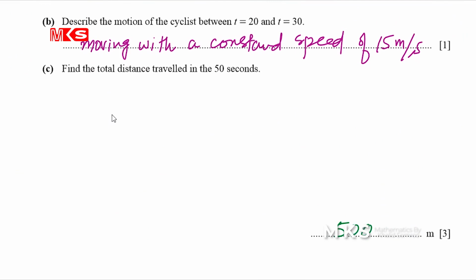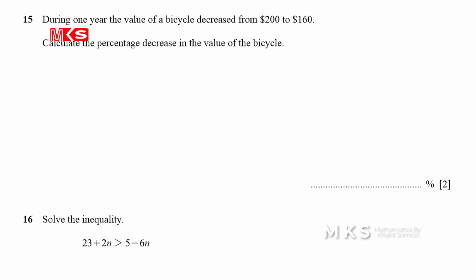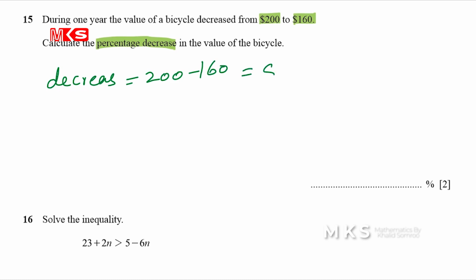meters. Question 15. During 1 year, the value of a bicycle decreased from $200 to $160. Calculate the percentage decrease in the value of the bicycle. So it decreased from 200 to 160. The first thing we need to do is find the decrease. The amount of decrease is 200 minus 160, so $40.